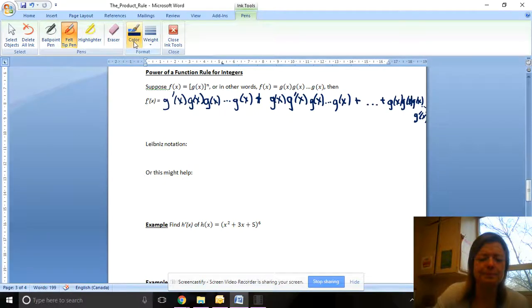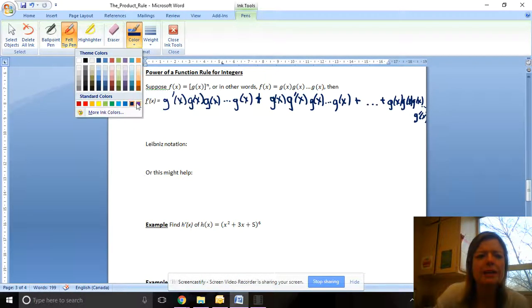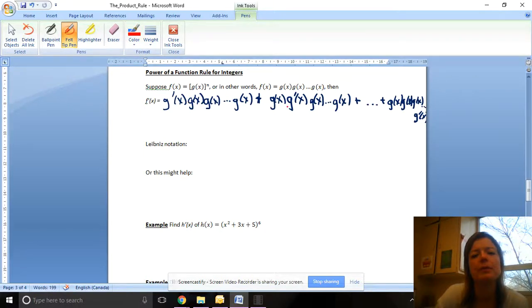So check this out. How many times are you doing this? Okay, that's what you got to think about. So there's this clump, this clump, this clump. How many clumps are there going to be? Well, there's going to be n of this. Okay, so each clump, I'm going to call it, I've never used that word before. I don't know why it came into my head, but that's what I'm using.